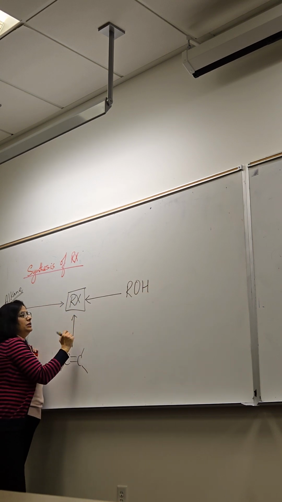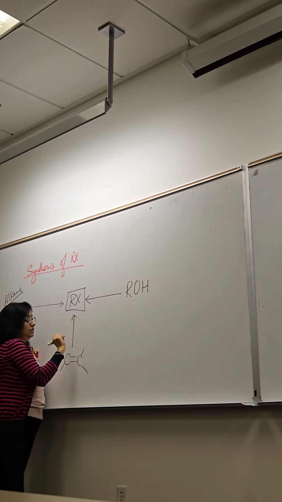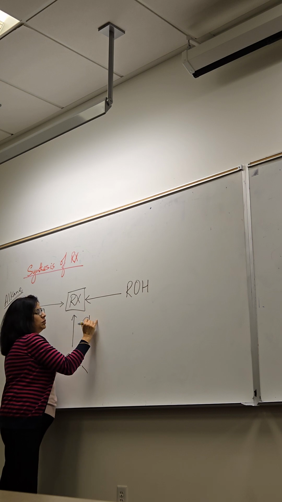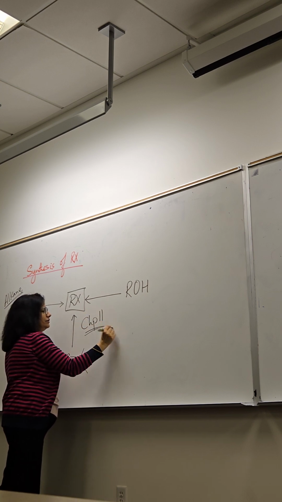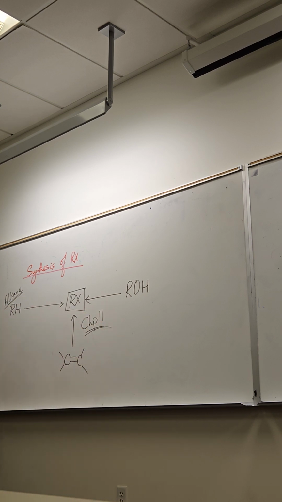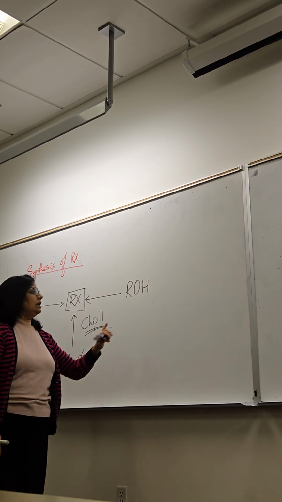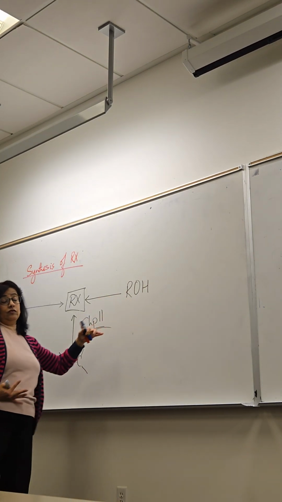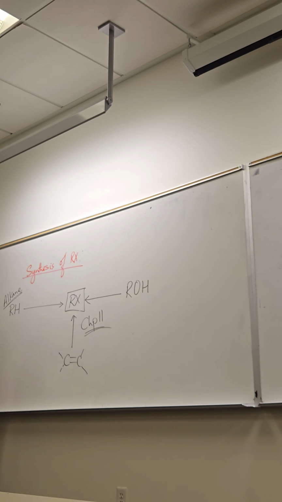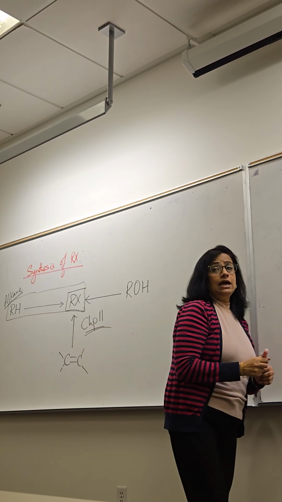Both of these we will explore more in chapter 11, so we'll save it for then. But just as an introduction, alkenes can also be converted into alkyl halides. Alcohols are also a very good source of making alkyl halides. But in this chapter, we are focusing on only one of the ways of making an alkyl halide, and that is from an alkane.